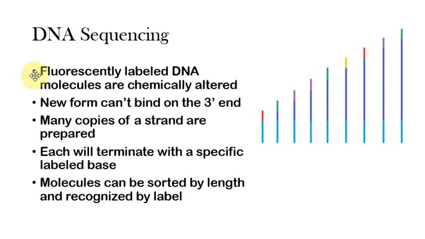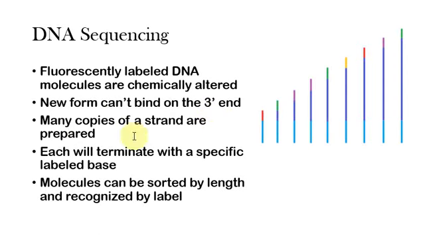Basically, you'll have fluorescently labeled DNA molecules that are chemically altered, like I mentioned, and this chemical alteration makes it so that it can't bind on the 3' end, only on the 5' end. Wherever this altered base pair is, will be the end of the DNA chain. You can no longer have any more bind on the other end.